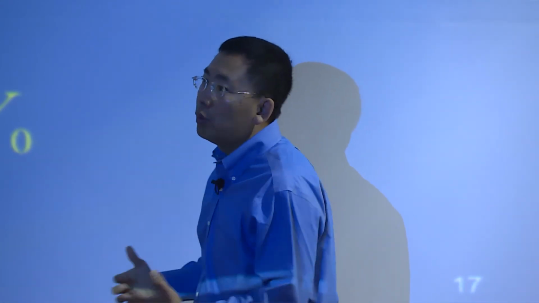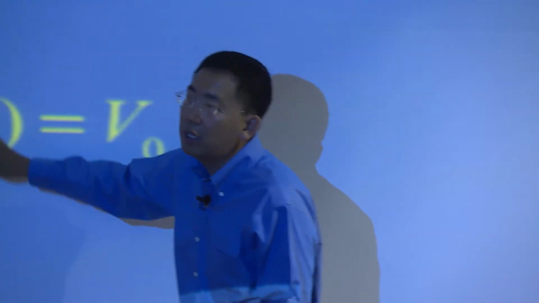Later there could be another question: how do we select the subsample size? That triggers another question, how precise your estimate is, and this is related to the asymptotic variance.